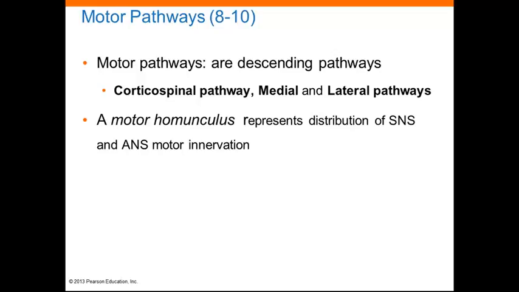The somatic nervous system is under voluntary control, and that's through the corticospinal pathway, which issues somatic motor commands that direct the contraction of skeletal muscles. The autonomic nervous system's motor commands are involuntary, so these are going to control the smooth and cardiac muscles, glands, and fat cells via the medial and lateral pathways.